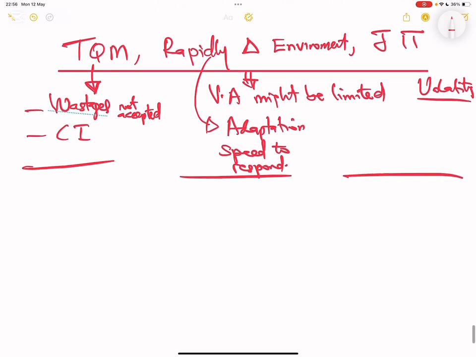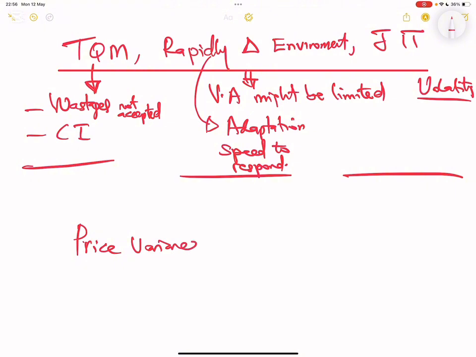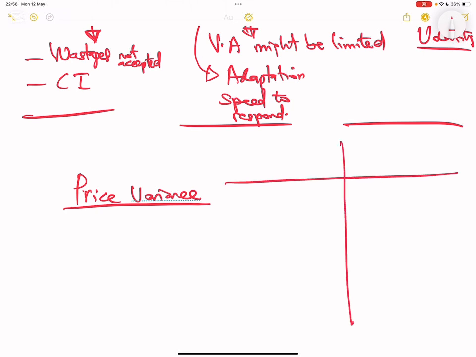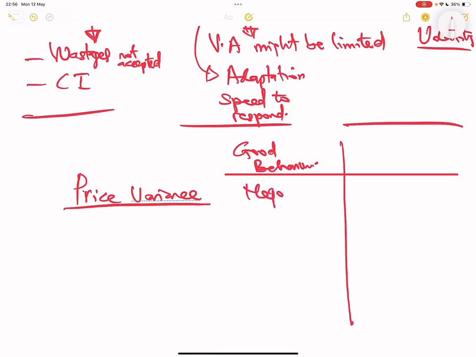And that is why, take for instance price variance, in trying to achieve favorable price variance, your employees might behave in two different ways. That's why I'm going to summarize it. They might exhibit good behavior, which means what they are trying to do is to negotiate better.